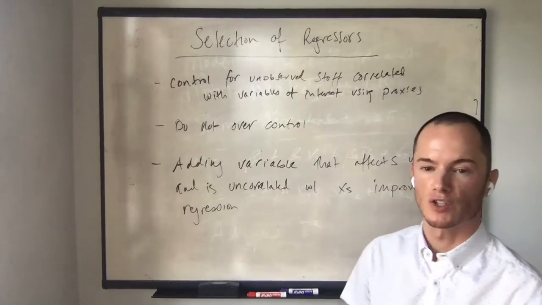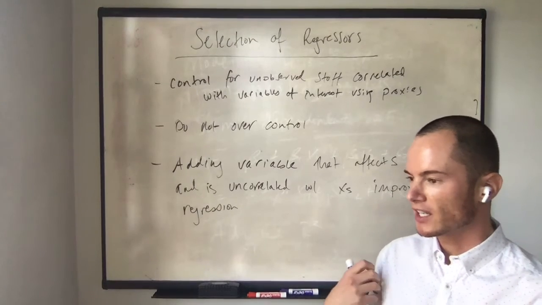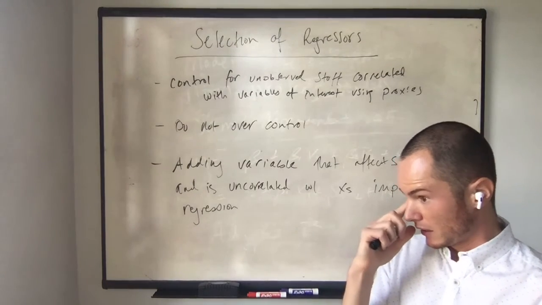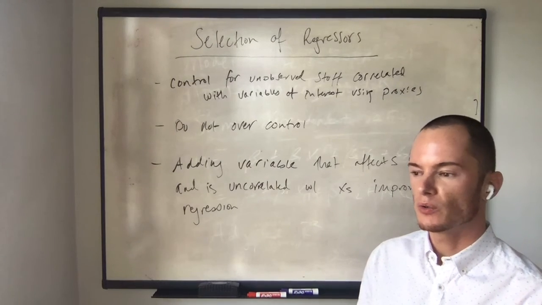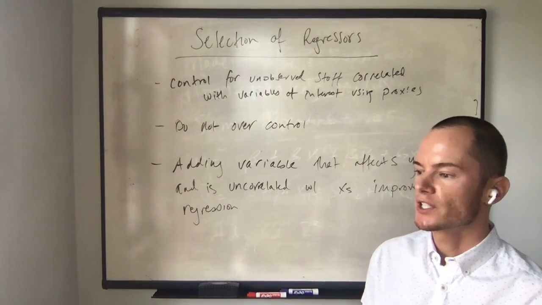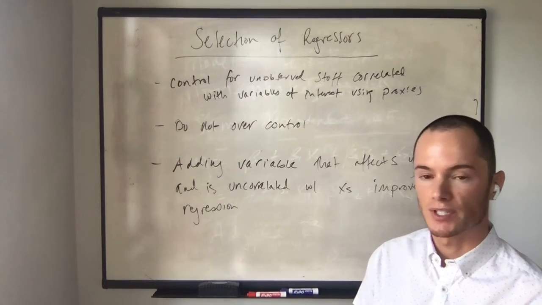But you don't want to over control. So you don't want to bring in control variables that are going to make it hard to estimate the coefficients on your variables of interest in a precise way.